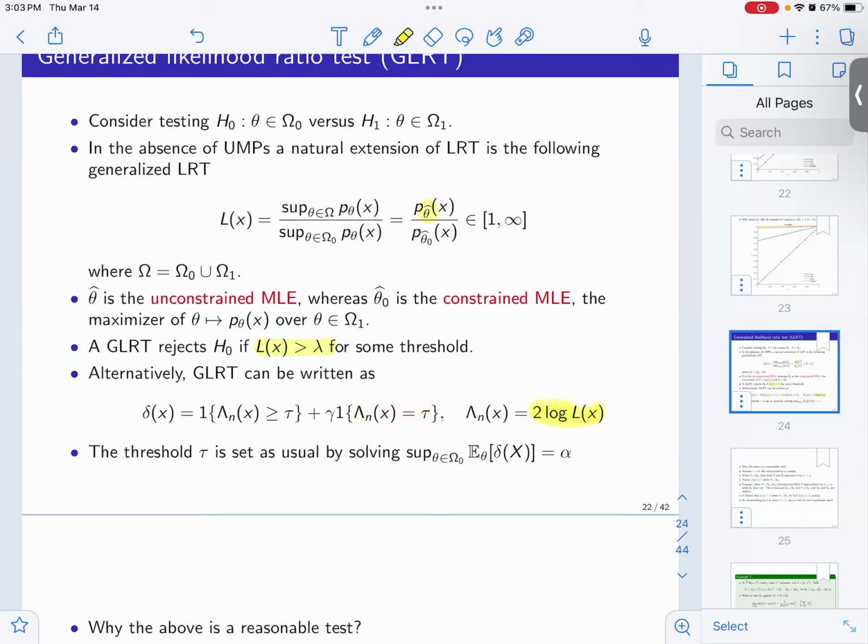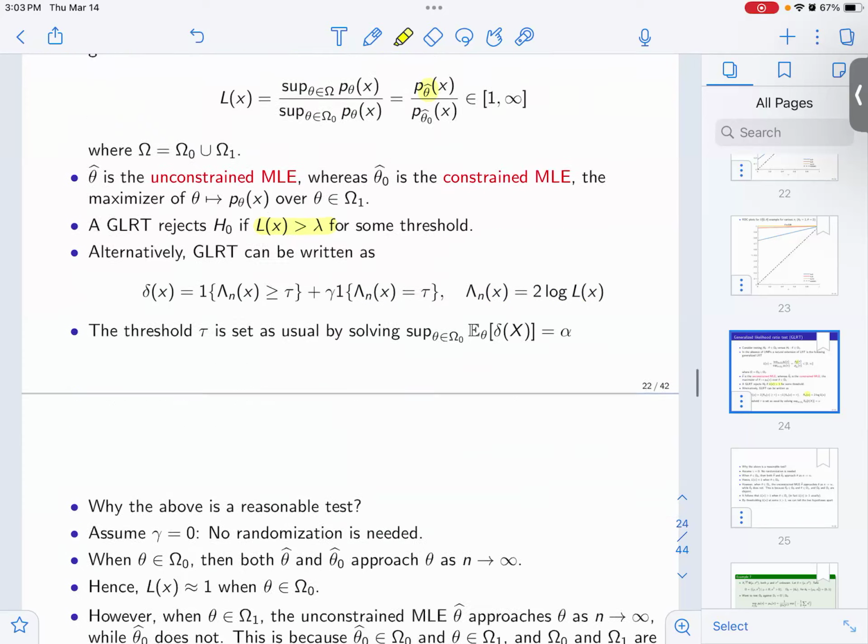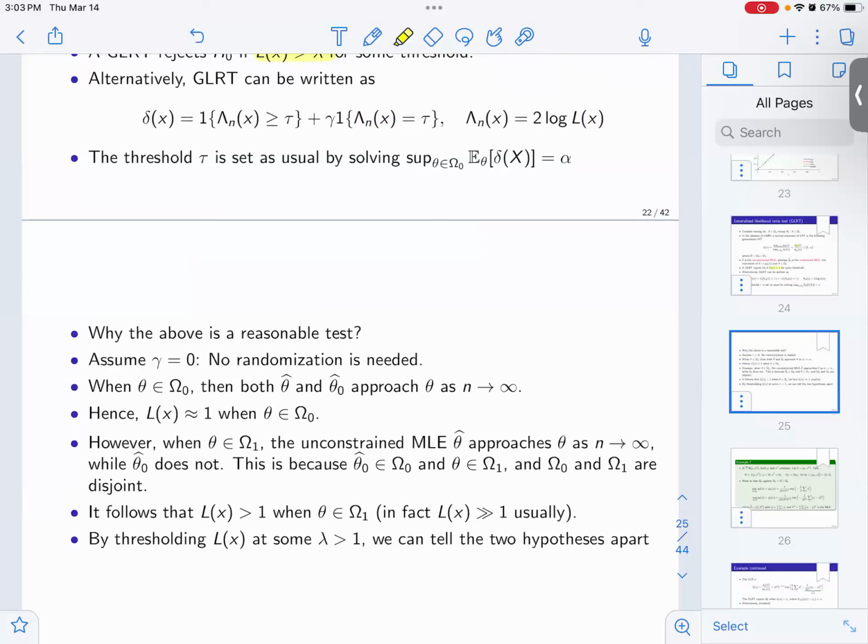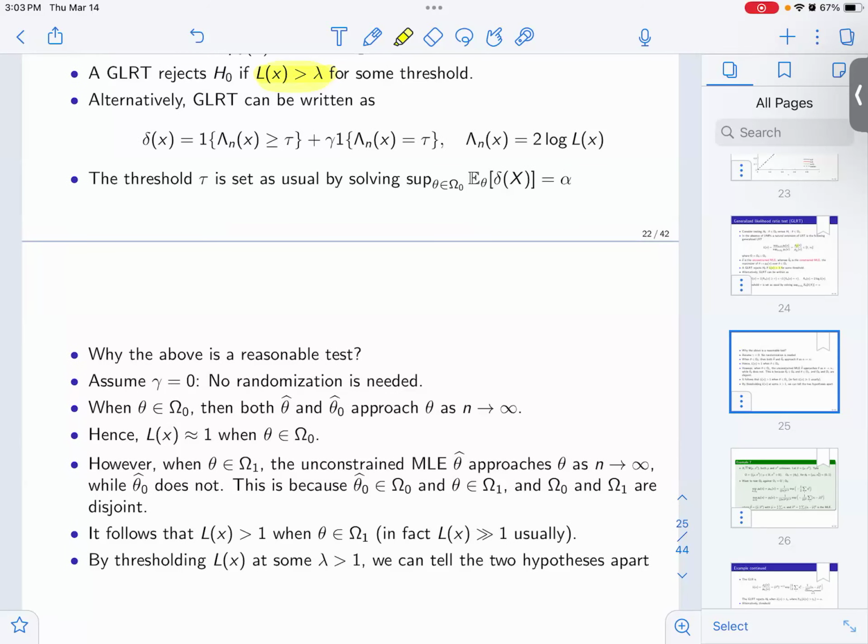And the reason why you do this transformation is because this thing has a good asymptotic distribution, which I'm not sure if we get to talk about, but I'm going to point this out at the end. So why is this a good idea? Roughly speaking, assume that there's no randomization. So we're going to reject when L of x is bigger than some threshold.